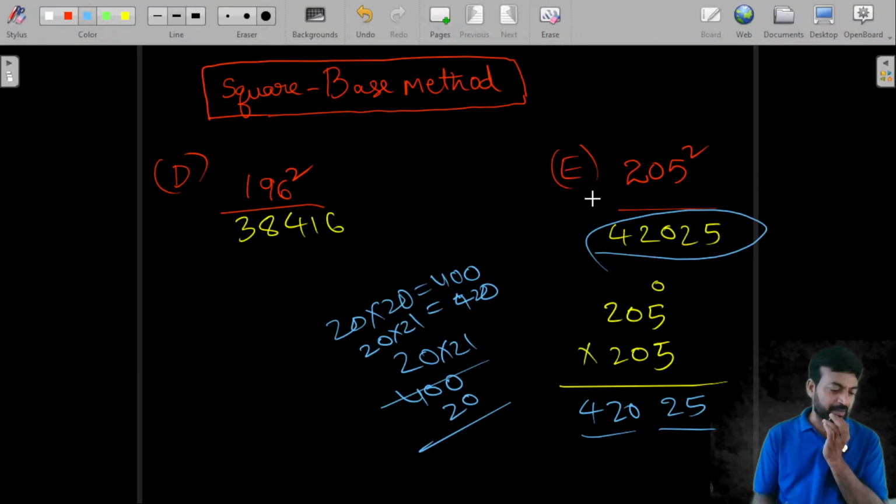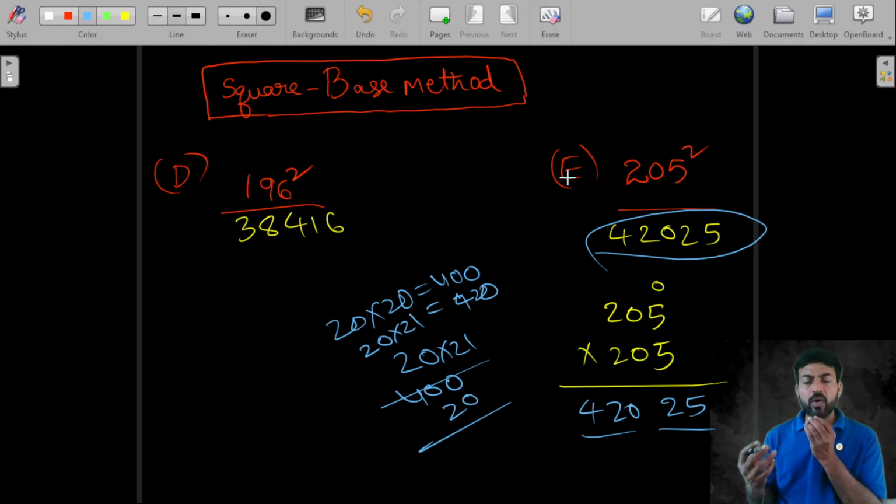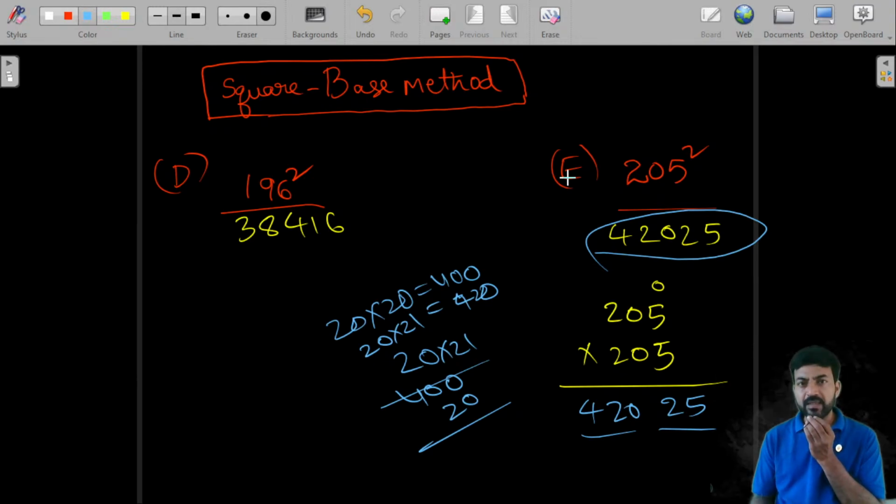See, use your methods. You have learned many methods in multiplication, but observe the problem and you can use the simplest method if you practice more. You have to get an instant or suitable method. This is 205 square, means 205 into 205. 5 is in the ones place digit.